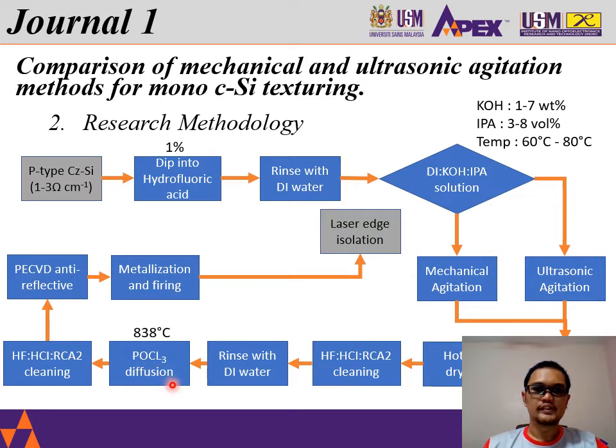Then POCl3 diffusion at 838 degrees C, and again cleaning with HF, HCl, RCA2, and proceeding with the next process of CVD anti-reflection, then metallization and firing, and the last process of laser edge isolation.